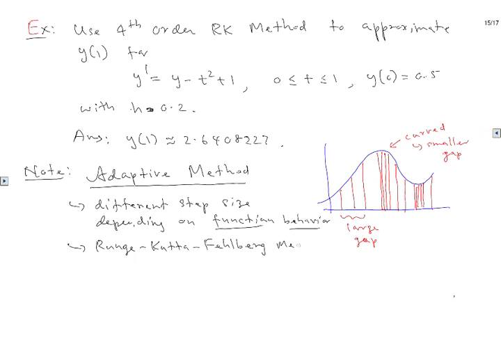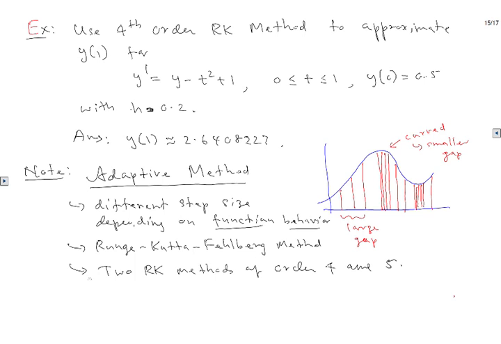This can be used in the calculation with two Runge-Kutta methods of orders 4 and 5, because they first need to calculate what those gaps are, and then, depending on the gaps, they use two different ones. So they use orders 4 and 5.